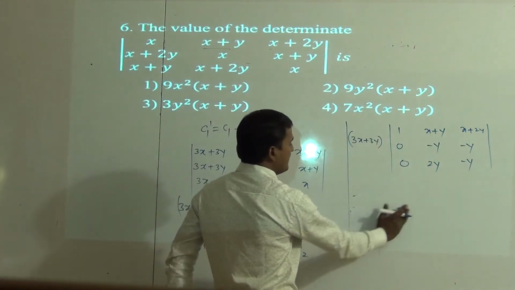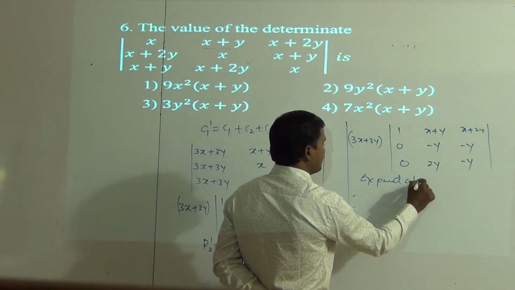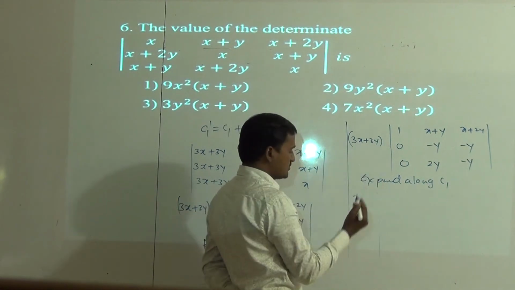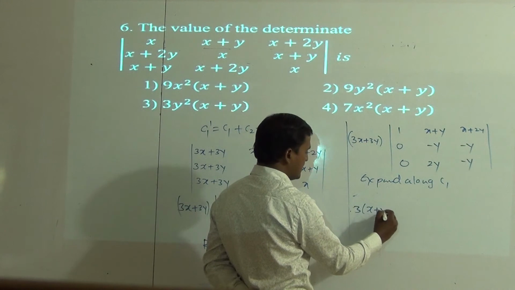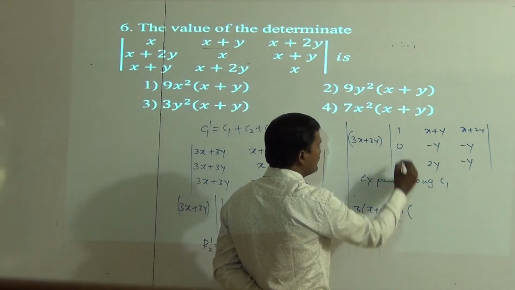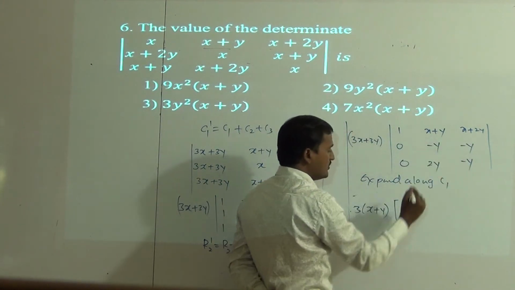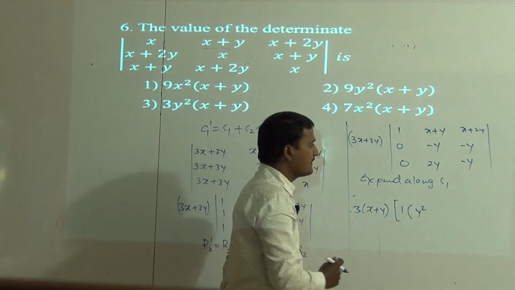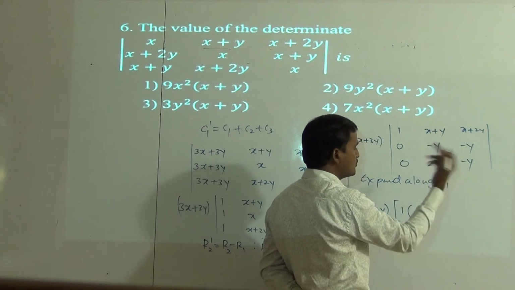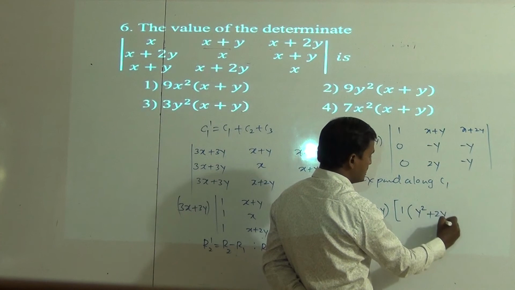Now I will expand this one along C1, and in this I will take 3 outside. So clearly 3 into x plus y I will get. Expanding along C1, C1 means 1 into, you have to leave the first row and first column. Minus y into minus y becomes plus y square. And 2y into minus y is minus 2y square, but here a minus is there, minus into minus becomes plus 2y square.